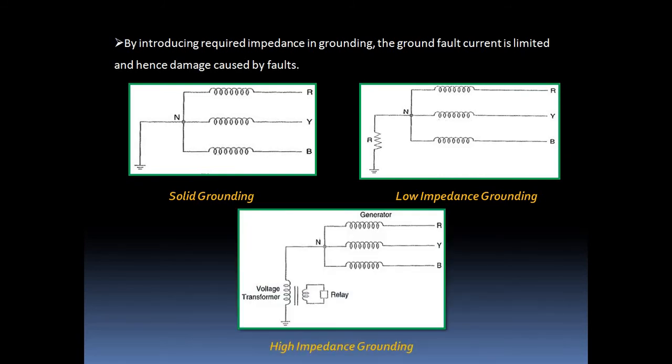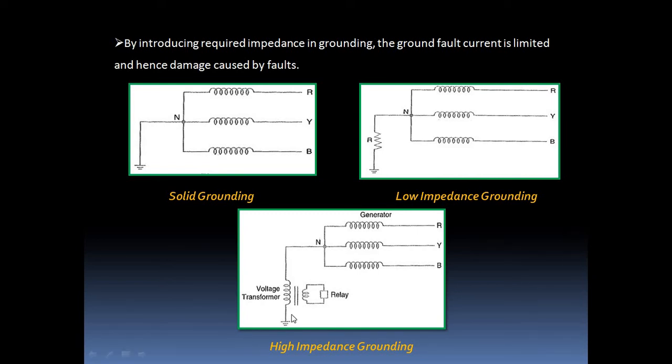For large generators, the commonly used grounding type is high impedance grounding. By using a neutral grounding transformer, they are providing high impedance. Generally, at the secondary of the neutral grounding transformer, they will place a low value of resistance, but the equivalent impedance, the secondary impedance referred to the primary side, is very high.